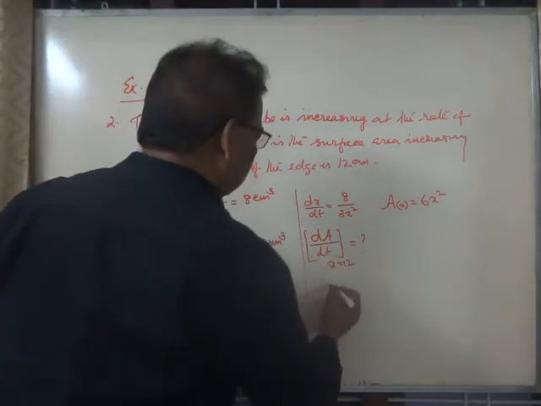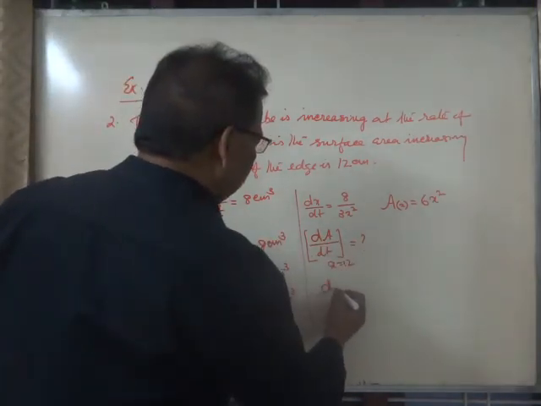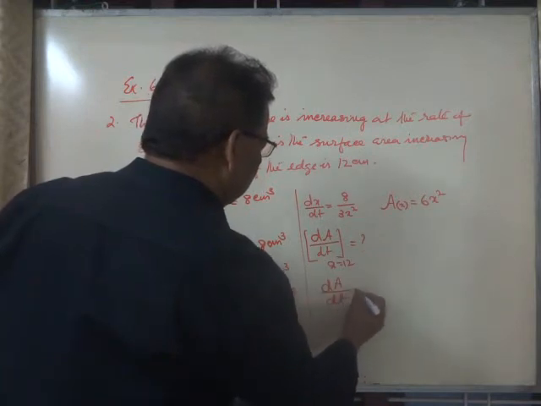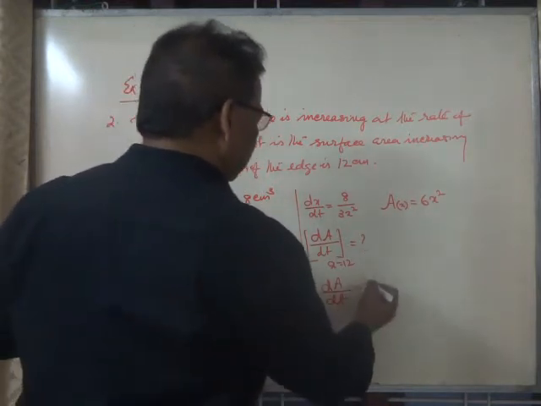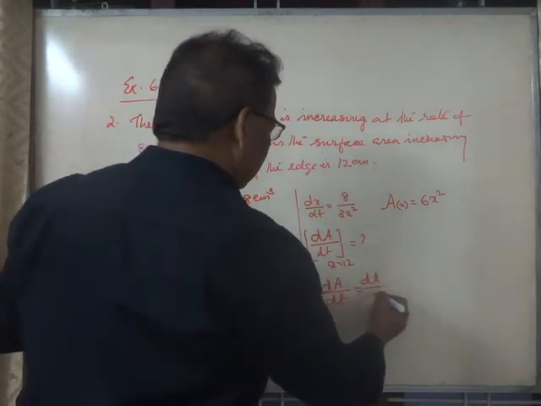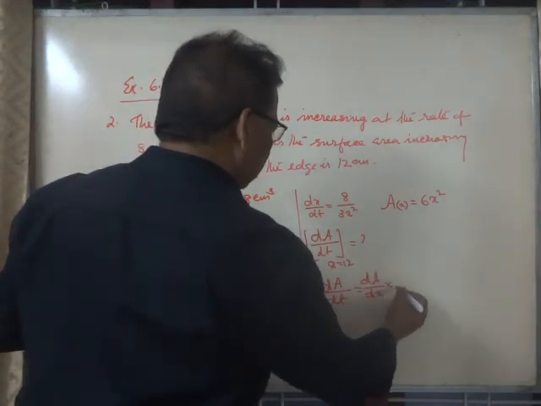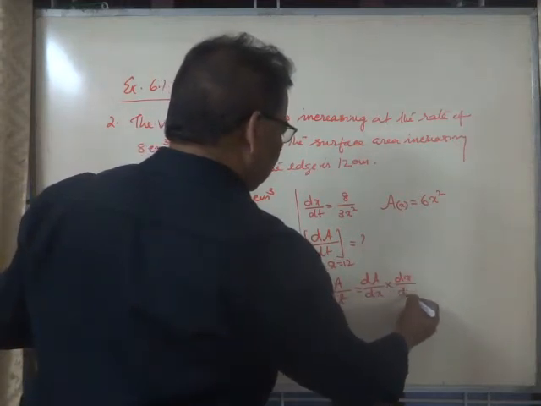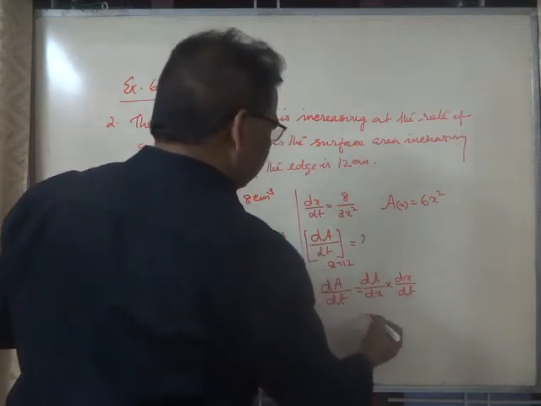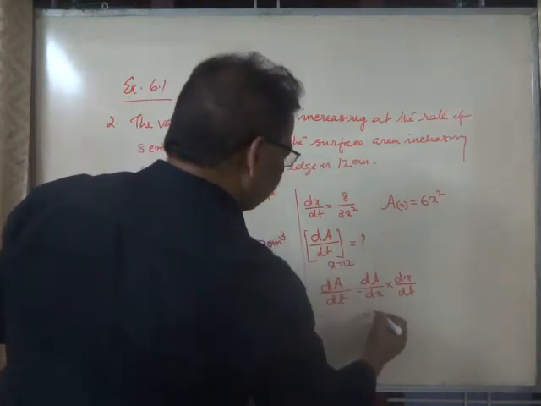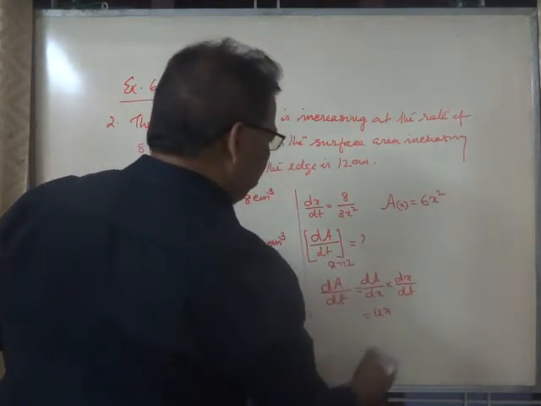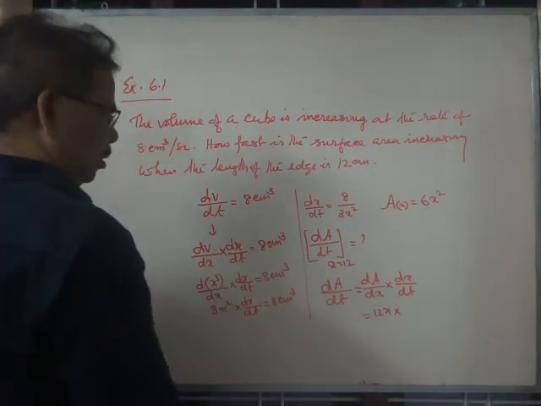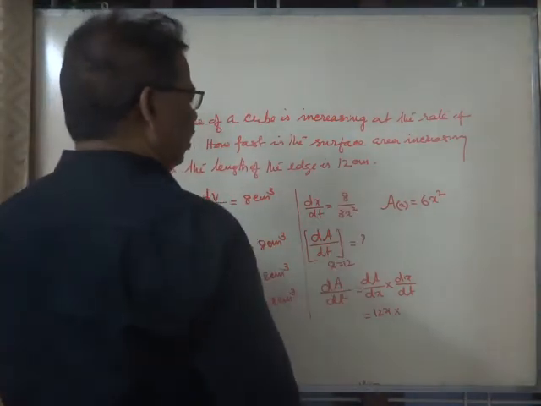Therefore, dA by dt can be written as dA by dx into dx by dt, which is equal to 12x into dx by dt, that is 8 by 3x square.